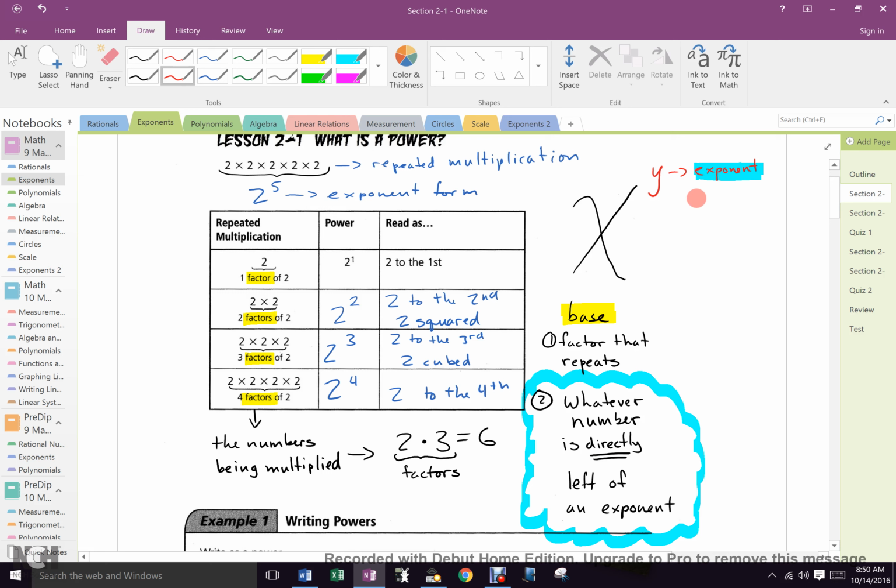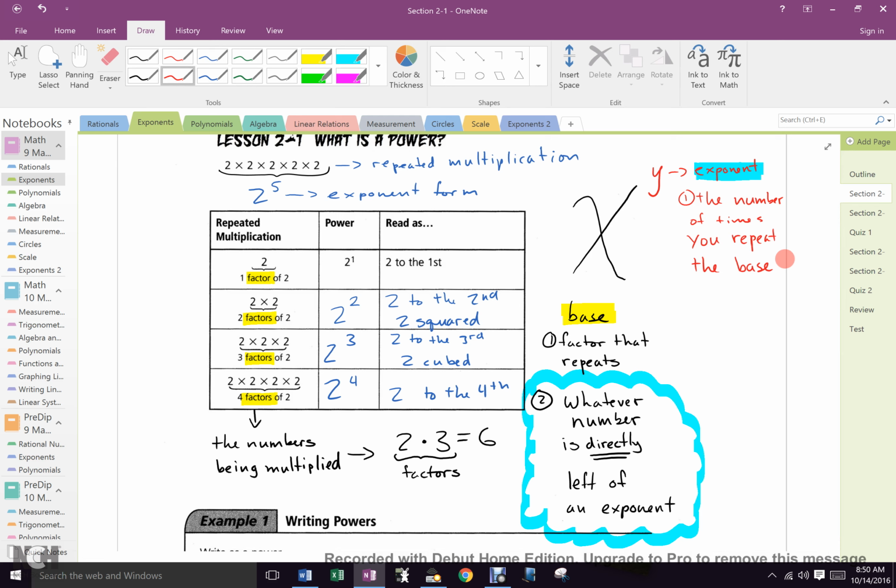The exponent is just the number of times you repeat the base. Okay?